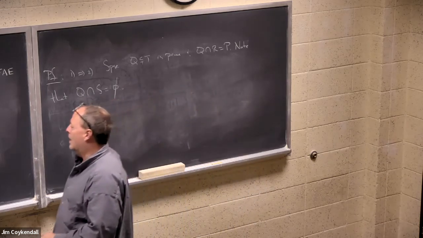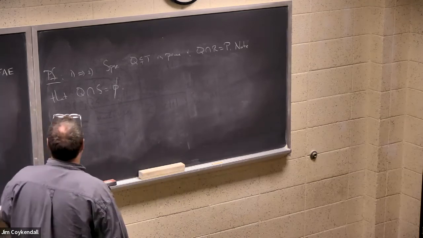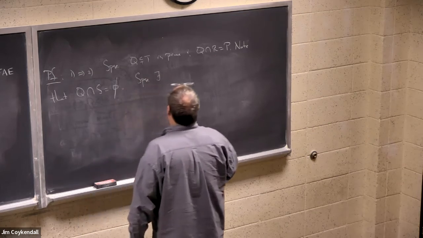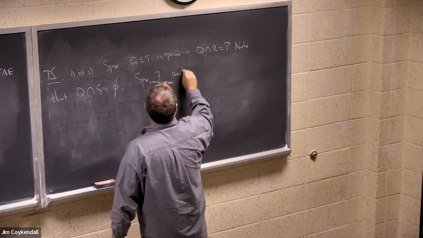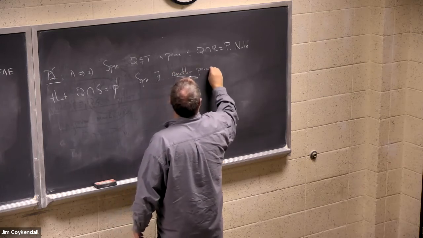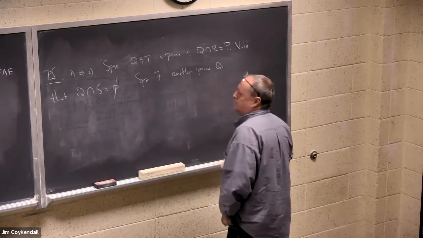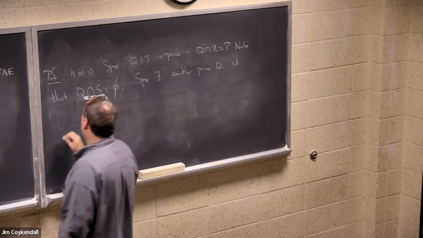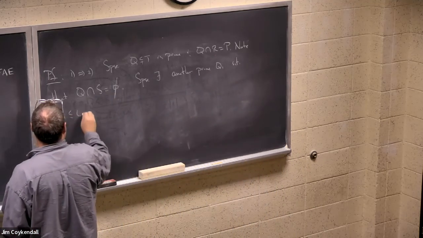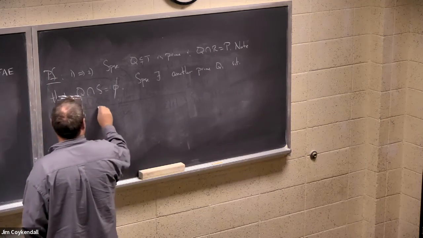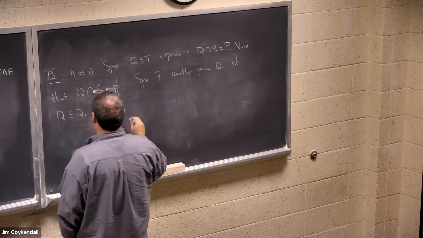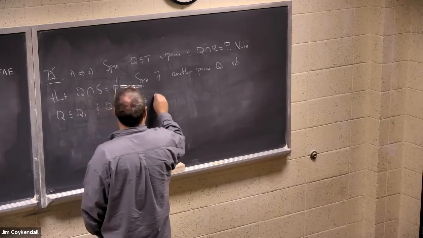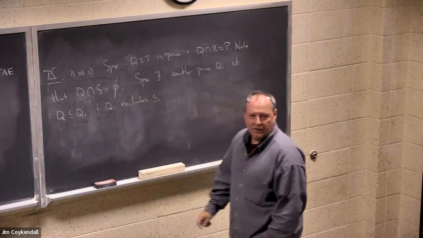What we have to do is show that Q is maximal with respect to the exclusion of S. So suppose there exists another prime, Q1, such that Q is contained in Q1 and Q1 excludes S. So again, Q1 intersect S is the empty set.